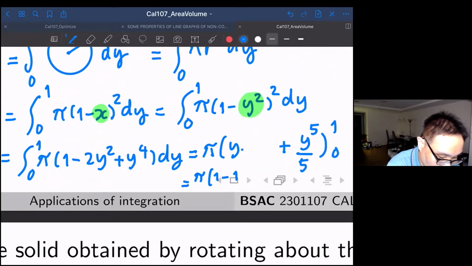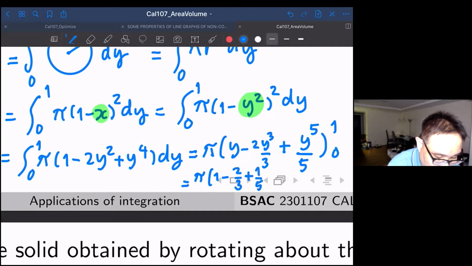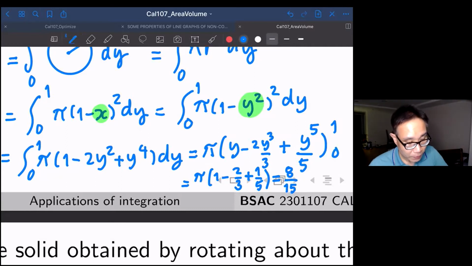So this will give us pi times 1 minus 2/3 plus 1/5, and you're gonna obtain the final answer this way. So you get 1/3 plus 1/5, so it's gonna be 8/15. Okay, so that's all.